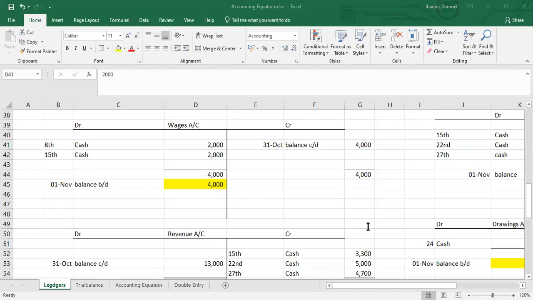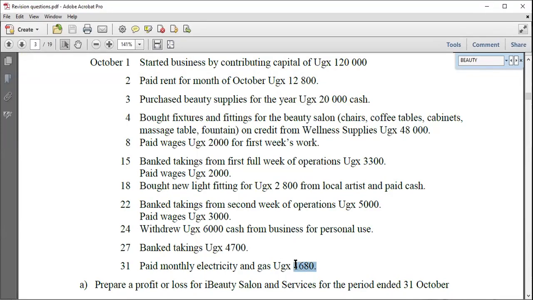I'll give you an example. Do we see this? This is 1680. Now, you transpose the figures by bringing the 8 before 6, and this becomes 1860.